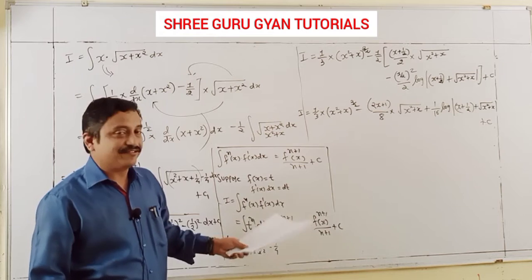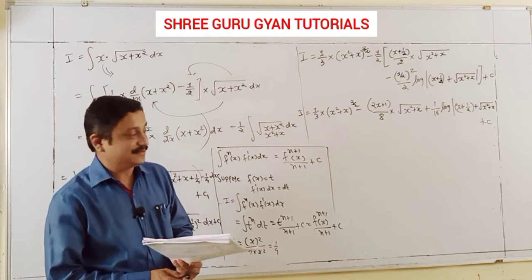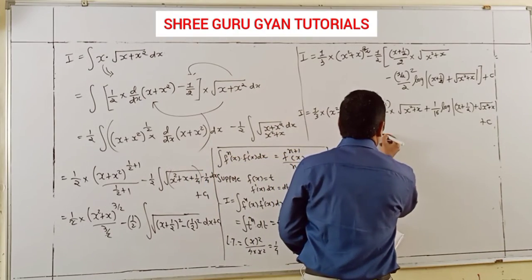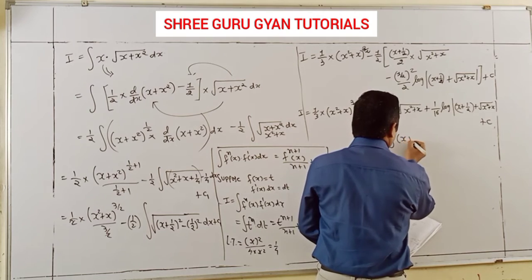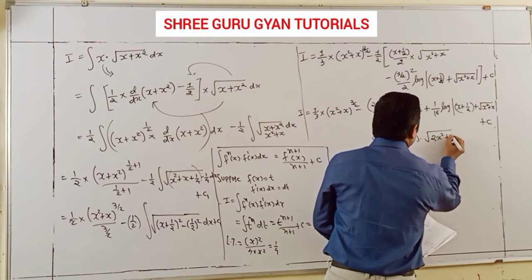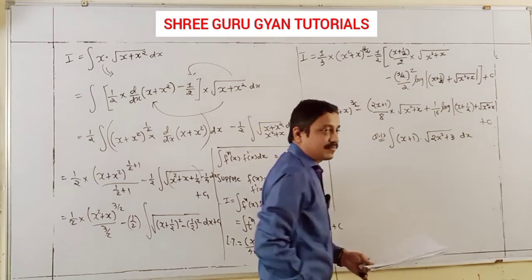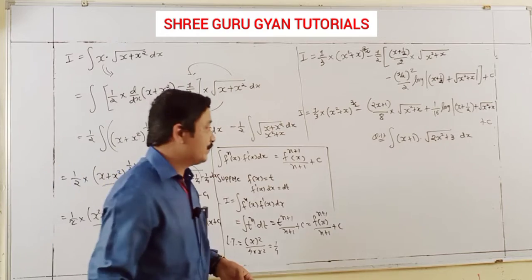Now students, after ending, next question number 13. Integration of x plus 1 with root 2x square plus 3 dx. I hope you again understand the same rule, the MN rule.